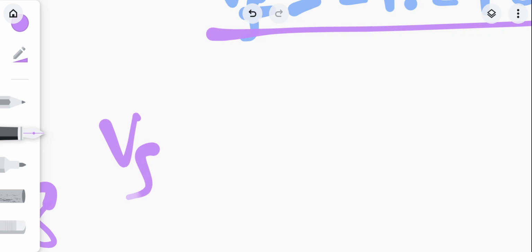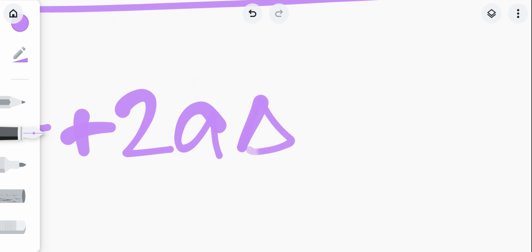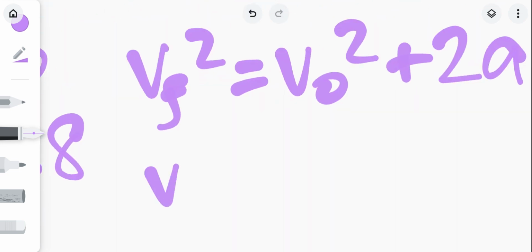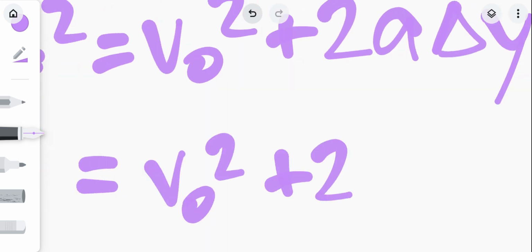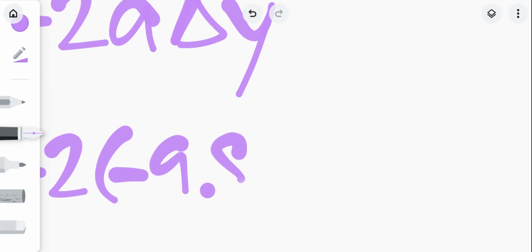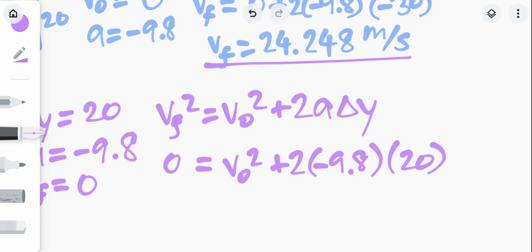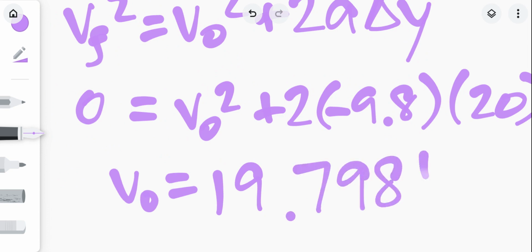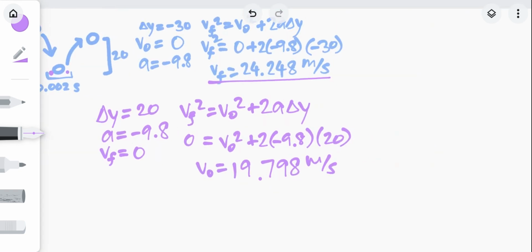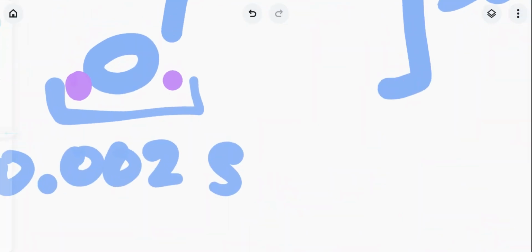So we can use the same formula. This is going to be 0. I'll put that into a calculator, and you will get 19.798 meters per second. And this right here is this.